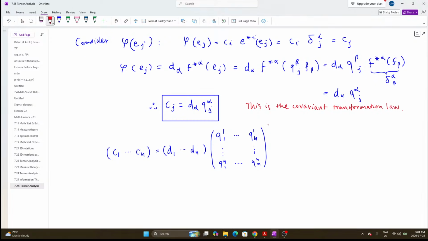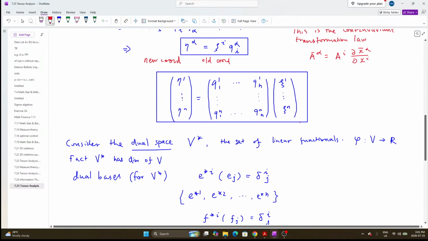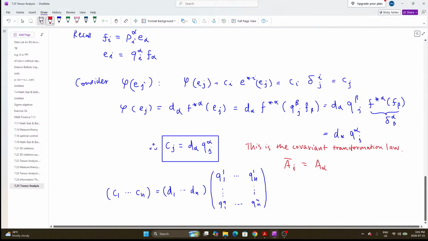This is the covariant transformation law. They're saying a bar I equals a alpha. Actually, here do we use alpha? Actually, we use alpha as free earlier, so let's use that same convention. A alpha equals a i.